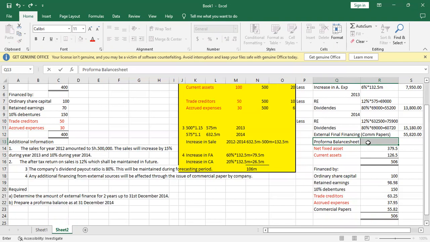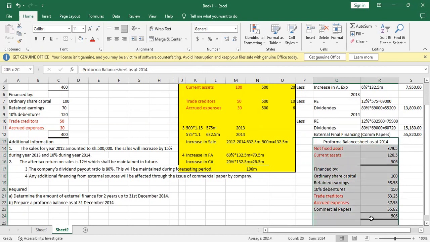We prepare the balance sheet as at a given period. So we are talking of as at 2014. So this is my pro forma balance sheet. And as you can see, it has balanced.